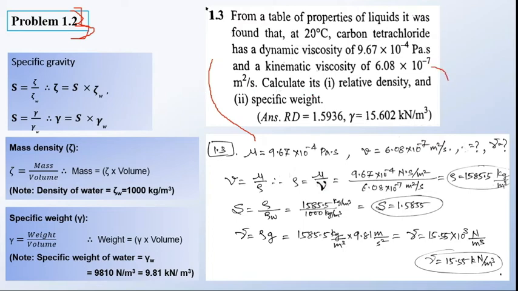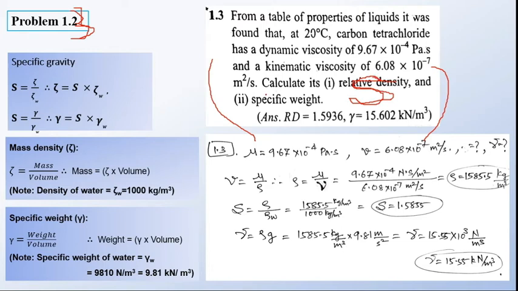So kinematic viscosity is nothing but nu, 6.08 into 10 raised to minus 7, units are meter square per second. And what is being asked is relative density. I told you relative density is nothing but specific gravity as far as fluid mechanics is concerned.